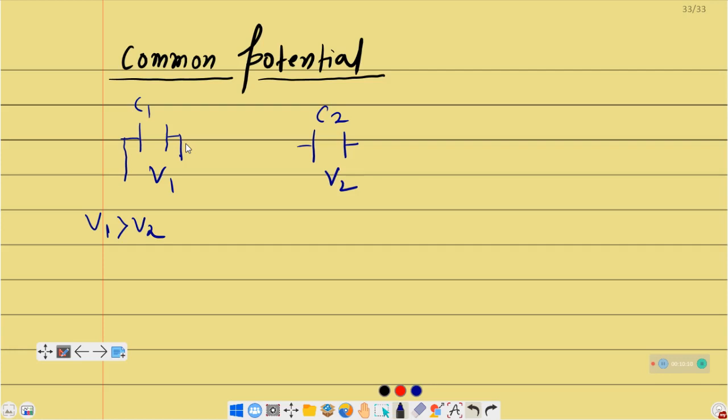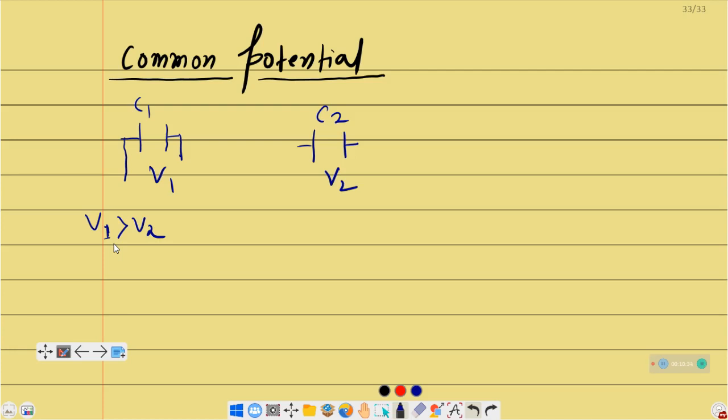The charge will flow until the potentials are equal, and the equal potential of the two capacitors is called the common potential.